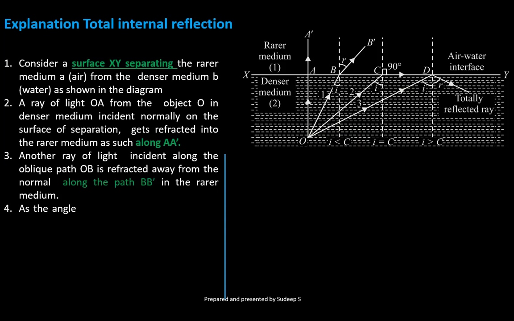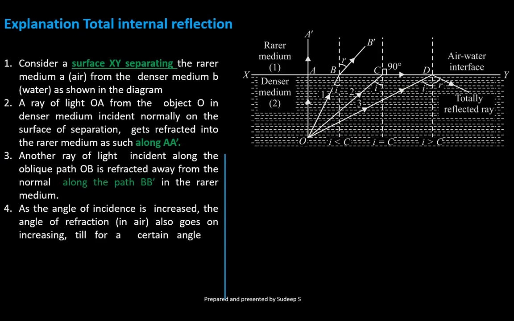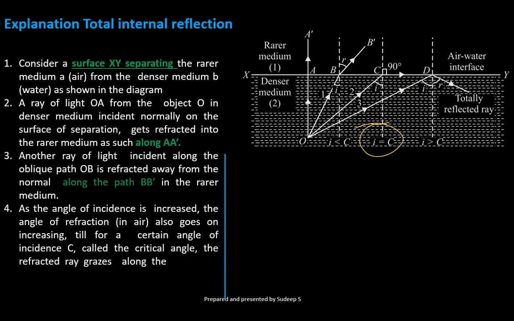Now, as the angle of incidence is increased, the angle of refraction also increases, and you can observe here, in this case the angle of incidence is equal to the critical angle, the refracted ray grazes along the surface.